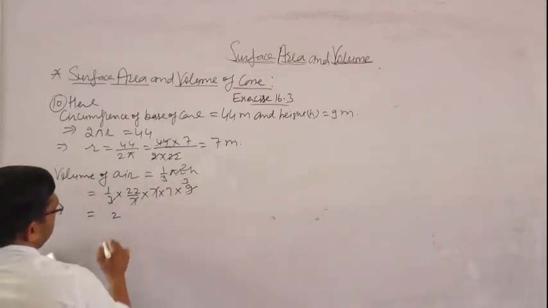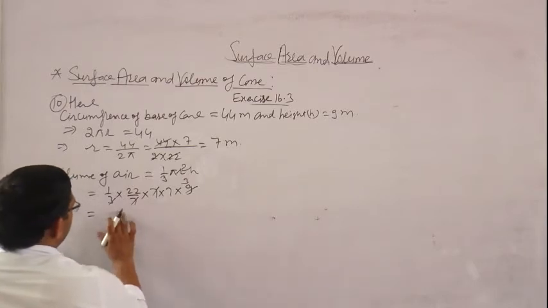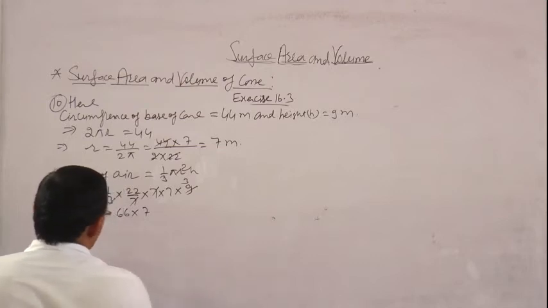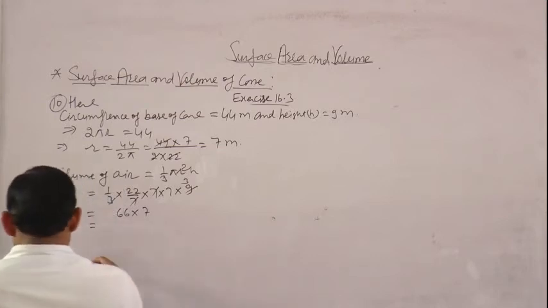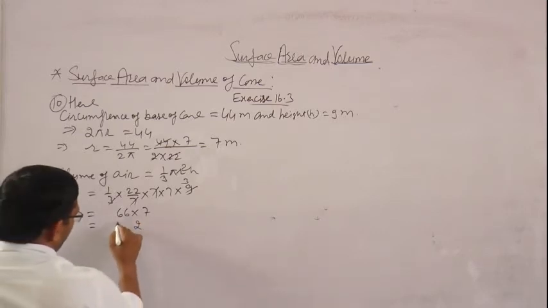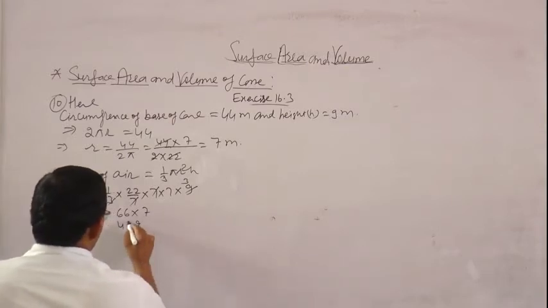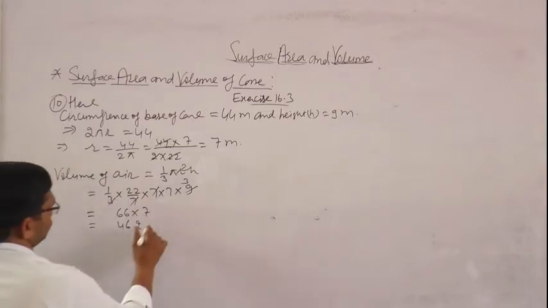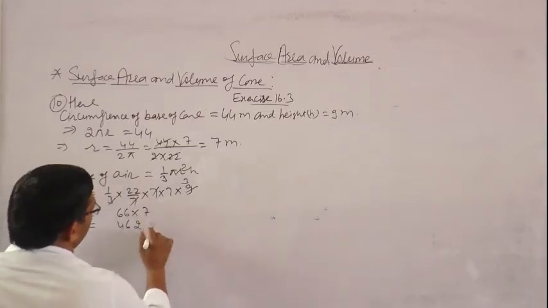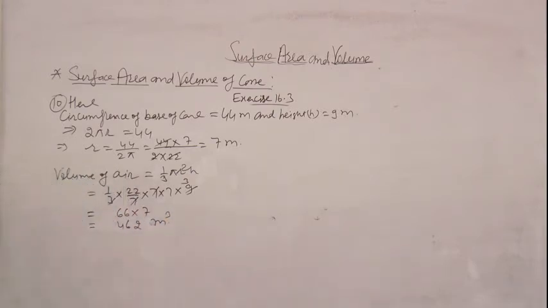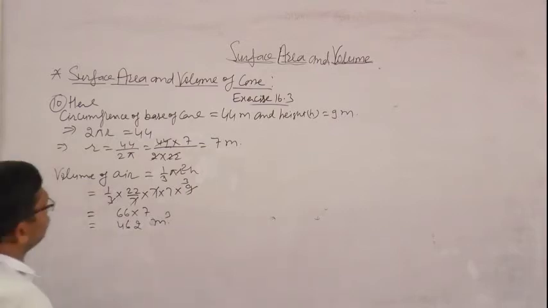That is 66, 66 multiply 7 is equal to, 7 sixes are 42, and 462 meter cube. This is the volume of air. Volume of air is 462 meter cube.